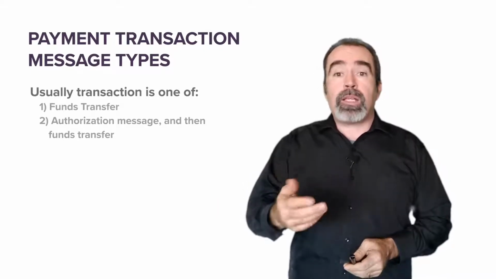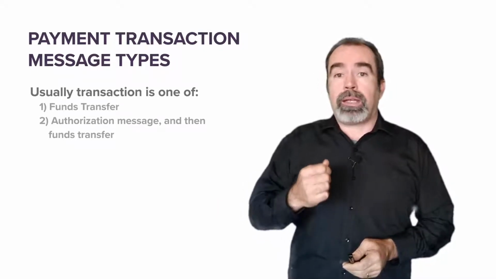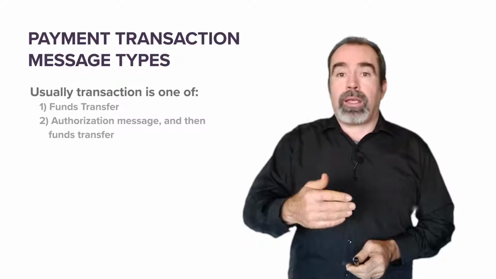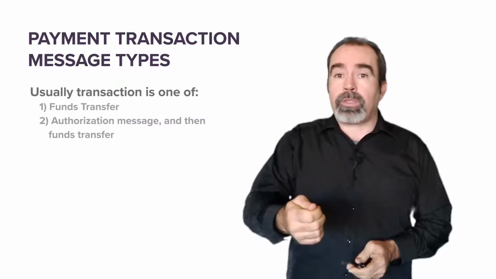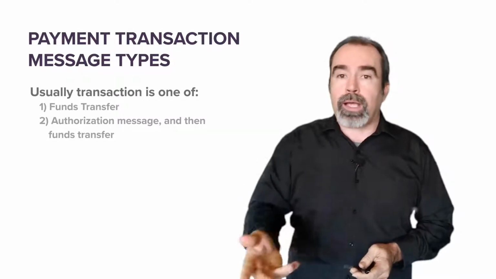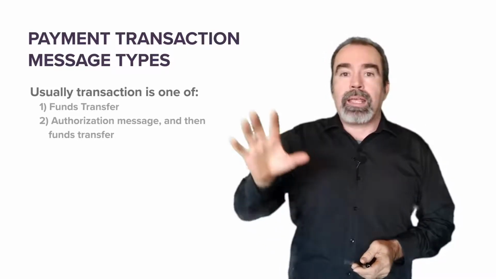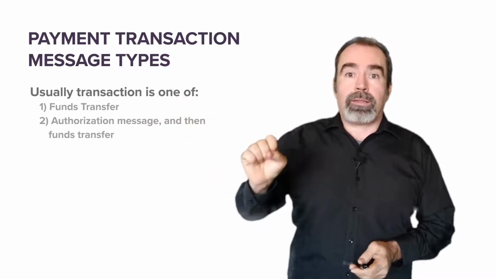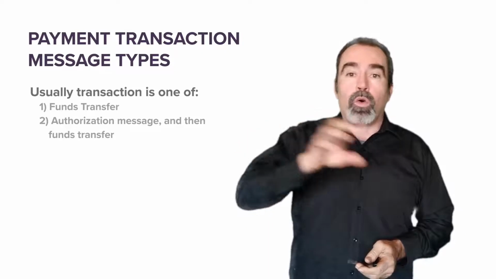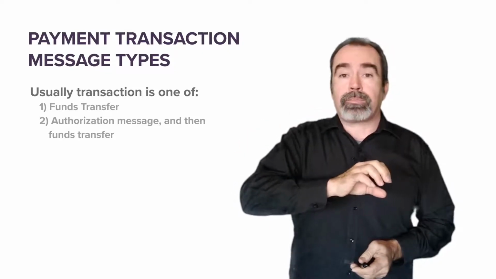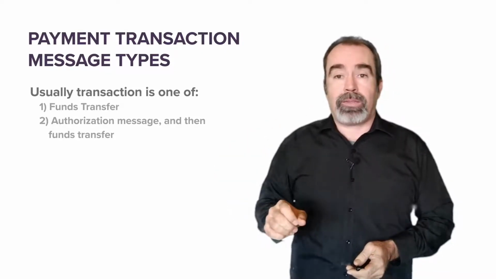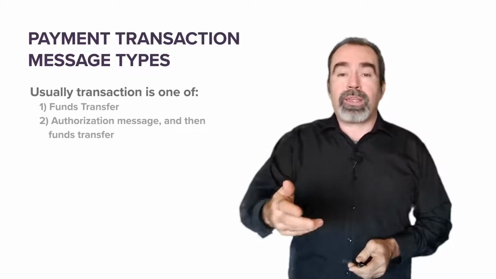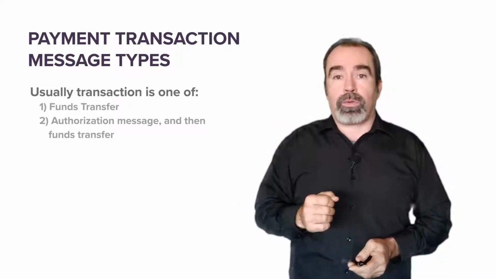You might be familiar with double message systems in the context of perhaps a hotel, where when you turn up to the hotel and you swipe your card or you insert your card, they put a hold on some funds in your account. They have authorized that transfer, but they haven't completed that transfer. So it's a payment authorization and then a funds complete authorization.